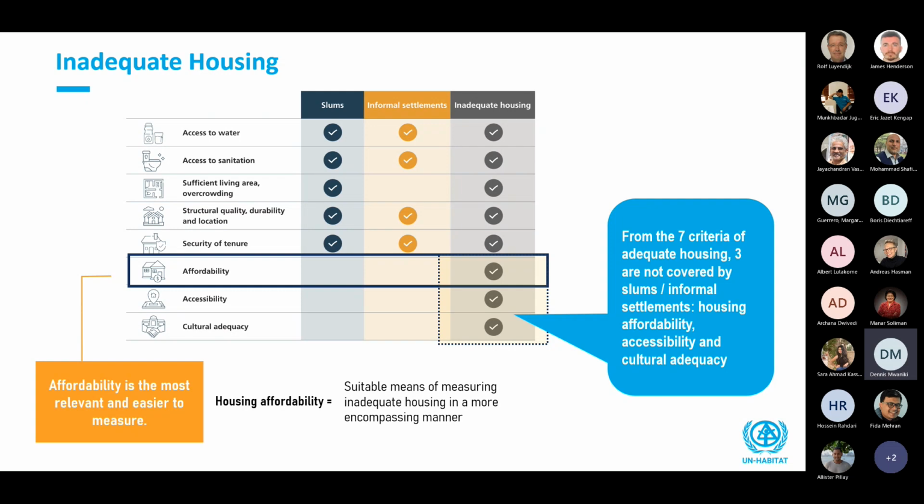So here we are making important considerations to look at the structure from what the local context represents, and what that can add in the separation of the adequacy of housing.